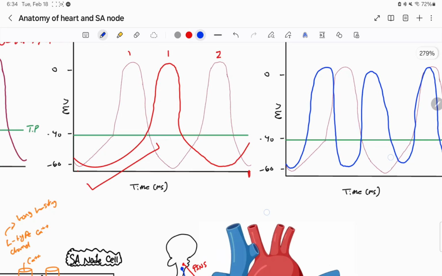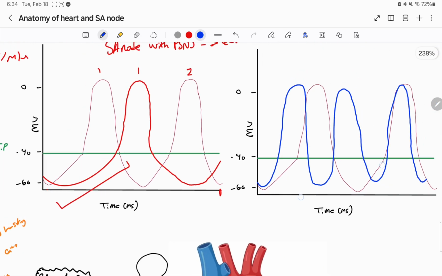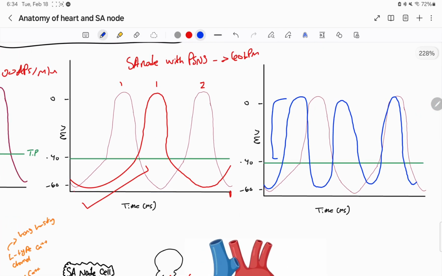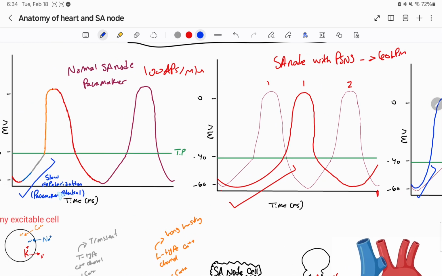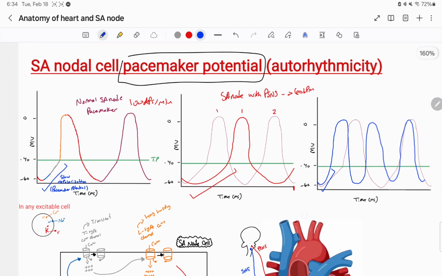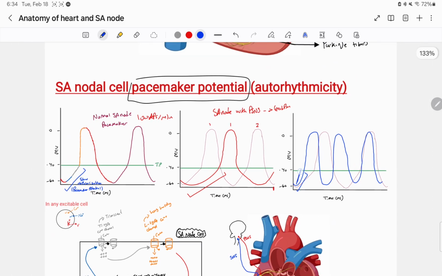Okay, look at this. Again, did the shape of the actual action potential change? No. Did the maximum depolarization change? No. And if it did, it's just my terrible drawing. But what did change? Again, it's the slope of that slow depolarization or the pacemaker potential. Okay, the more steep it is, the faster I reach the threshold potential and the more action potentials I can generate.